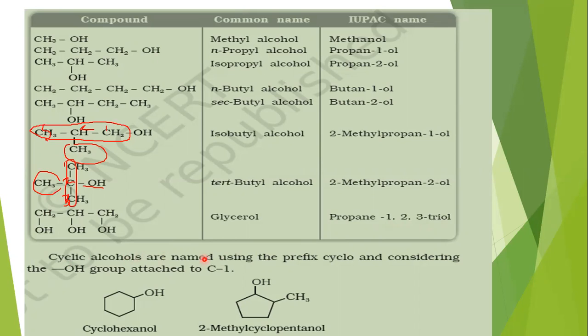Cyclic alcohols are named using the prefix cyclo and considering the OH group attached to C1. Now this is cyclohexane, and the carbon to which OH is attached is considered the first numbered carbon, that is C1. So this is cyclohexanol. In cyclohexane, the E is replaced by OL.